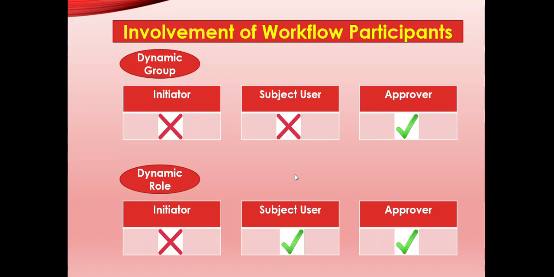Now, if we extend our previous example, employee X belongs to India. Employee X is the Indian employee. So when one Indian employee is going to apply any comp off, then whatever workflow is raised due to that comp off application should reach the departmental heads of India.